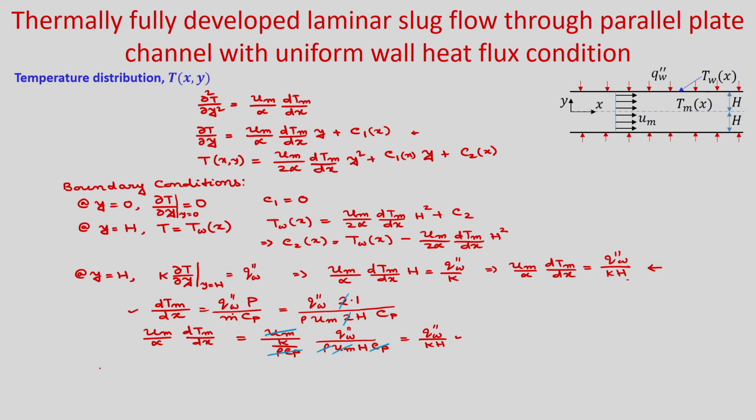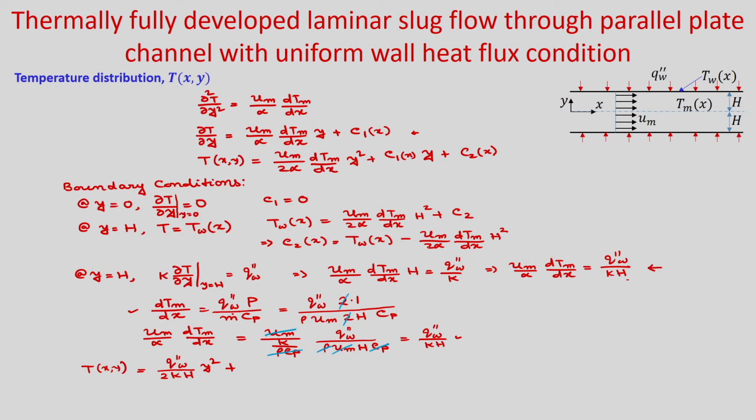If you write the temperature distribution, C 1 is 0, C 2 is this. So it will be T x y. u m by alpha dTm by dx is q double prime w by k h. So it will be q double prime w by twice k h into y square plus C 2.